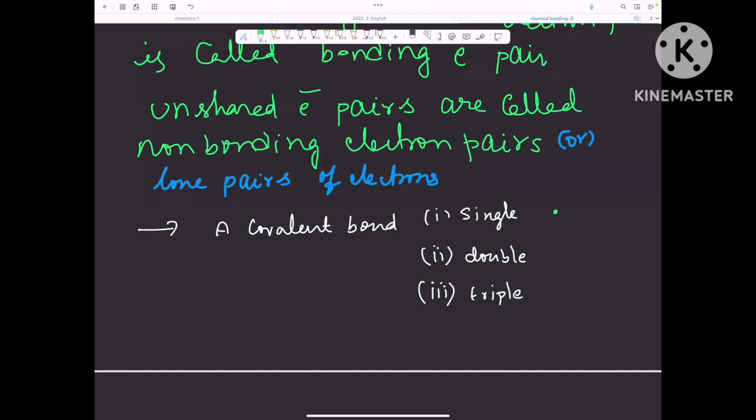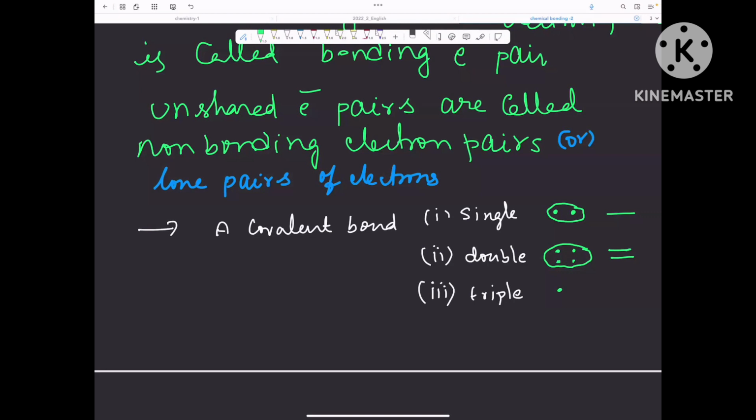Single covalent bond means one electron pair is shared, which is represented by a single line. Double covalent bond means two electron pairs are shared. It is represented by two horizontal lines.